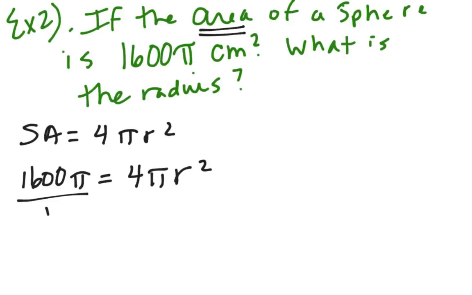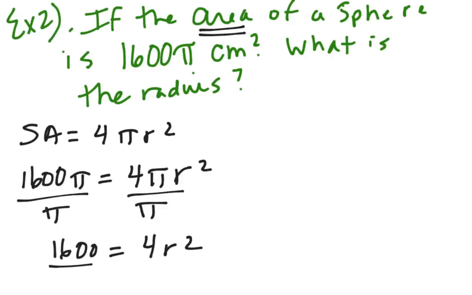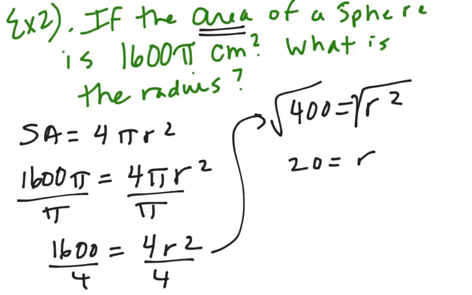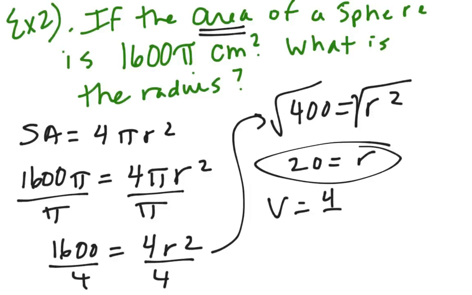We can divide both sides by pi. 1600 is equal to 4r squared. Divide both sides by 4. 400 is equal to r squared. Take the square root of both sides. So 20 is what my radius is, and that's what they asked me for. If they wanted my volume, then I could plug that radius into the volume formula and calculate volume.